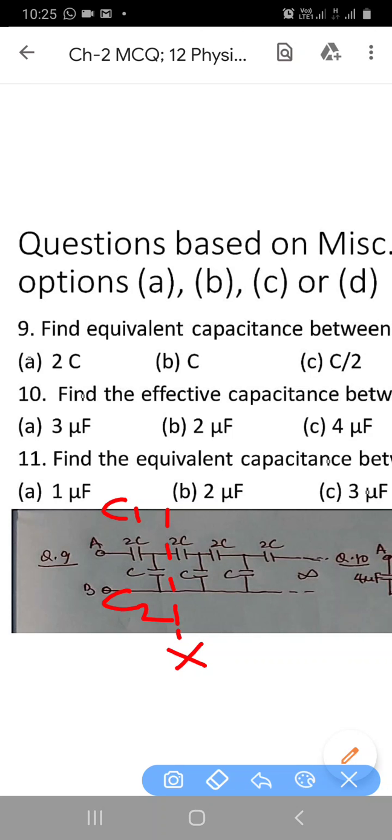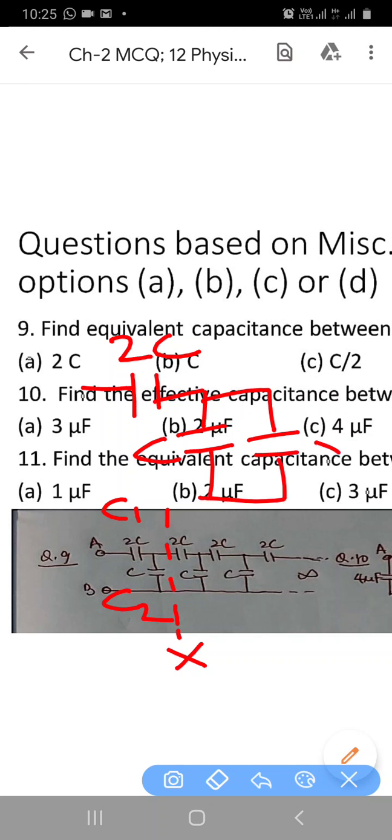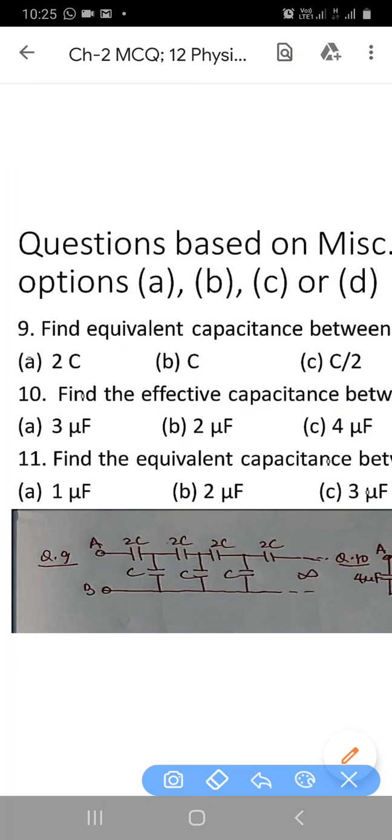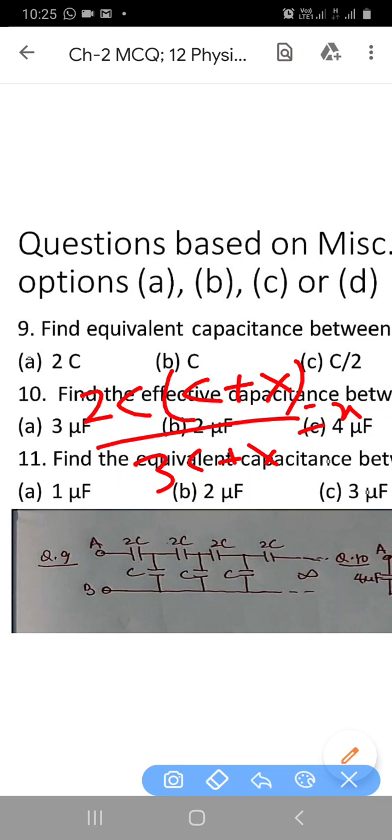So here you see, the revised circuit will be 2C, here is C, here is X, and between A and B the equivalent will also be equal to X. So C and X in parallel, so C plus X, and 2C in series, so this will be equal to 2C multiplied by C plus X upon 2C plus C plus X, that is 3C plus X, and that will be equal to X. Solve this.